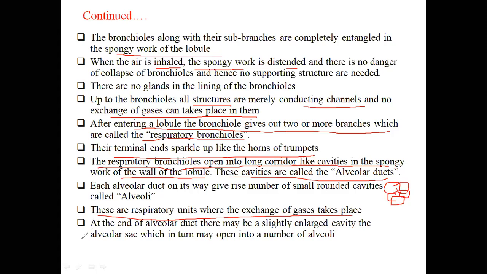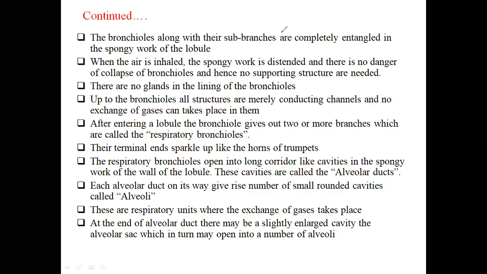So in such a way exchange of gases takes place. At the end of the alveolar duct there may be a slightly enlarged cavity, the alveolar sac, which in turn may open into a number of alveoli. So this is the case, friends, how the exchange of gases takes place at the place of the alveolar sac.